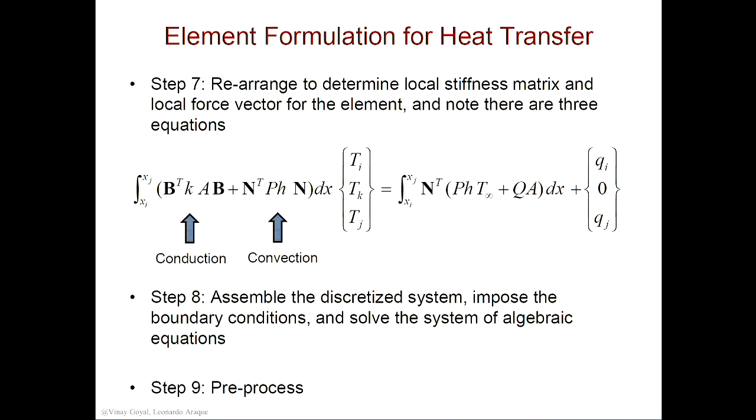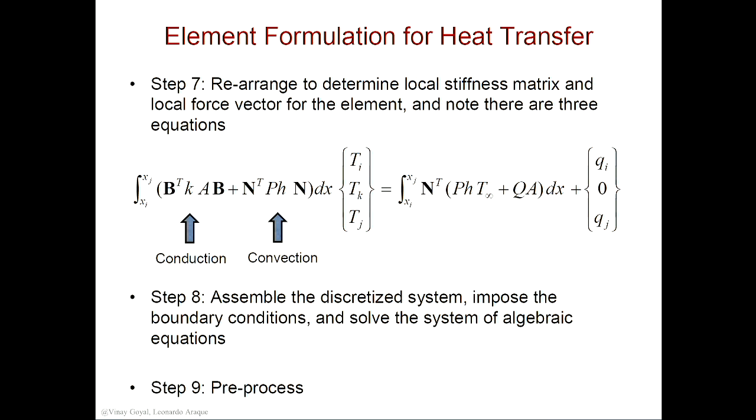And by the way, I brought the T. Each of these had T's, right? So I brought that out. And so these are basically forcing functions. These are your forcing functions. These are due to the convection. This is the heat generation. And this is the concentrated forces that you may apply if you want to. Okay? Any questions on that?